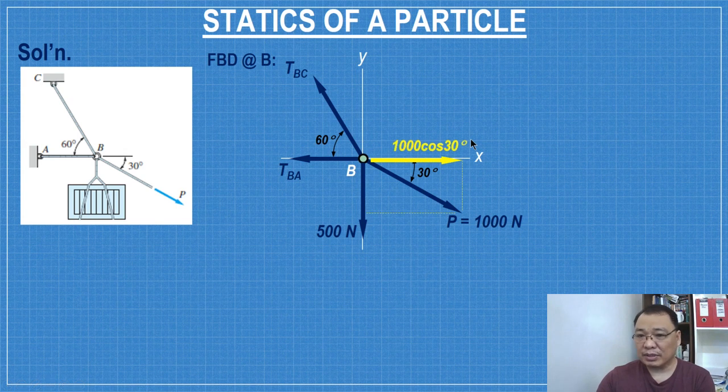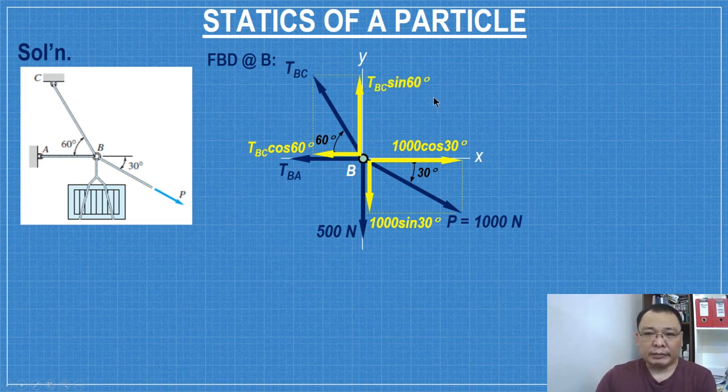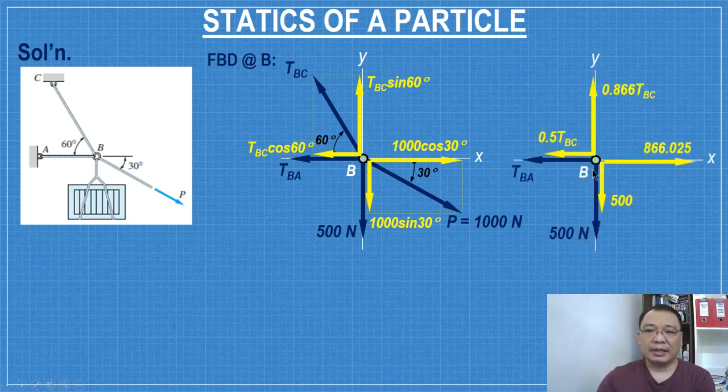Horizontal, that's 1,000 cosine 30, and vertical, 1,000 sine 30. As well as TBC, resolve the X component, that's TBC cosine 60, and the Y component, TBC sine 60. And then simplify, you get the values of this.